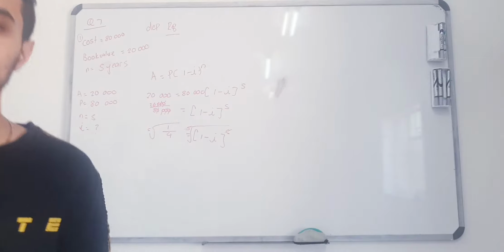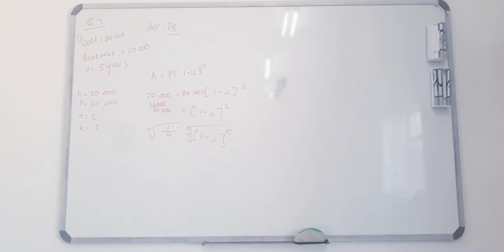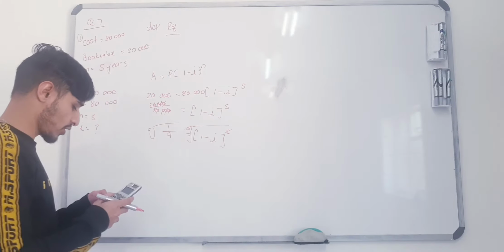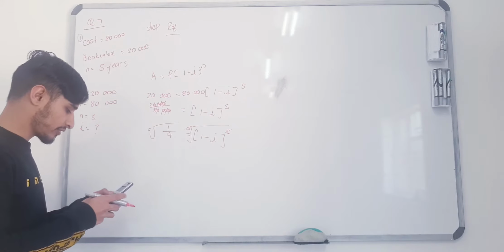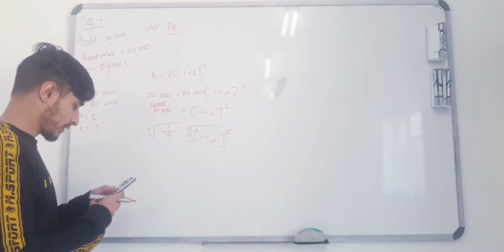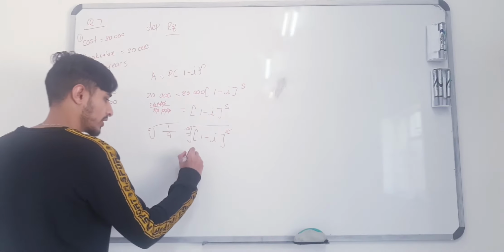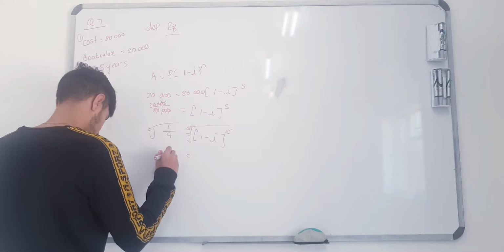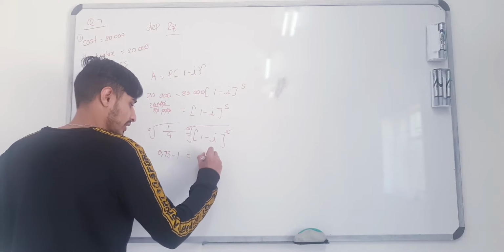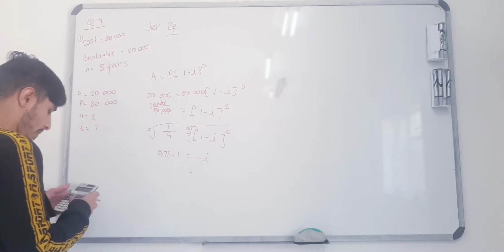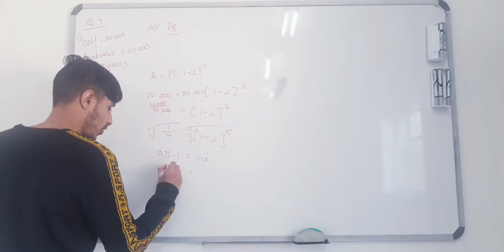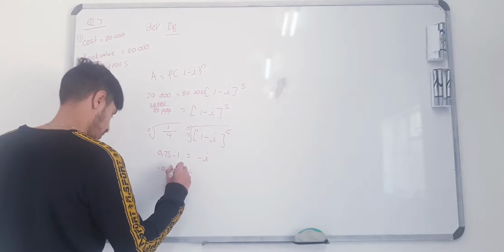And now you go ahead and take out your calculator. We fifth root this. So you can press shift, then the fifth root of 1 over 4. Then you press solve for it, and it gives you 0.75. Then you take the 1 over, so it becomes minus 1 is equal to negative I. Then you say minus 1 in the calculator, and it gives you negative 0.24.